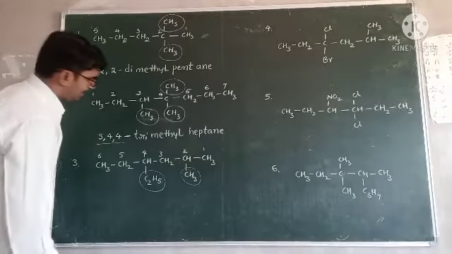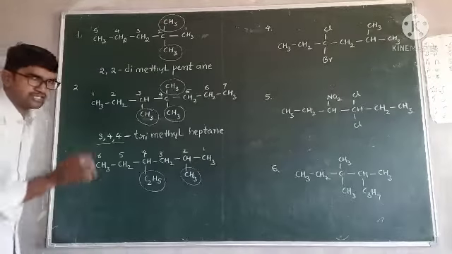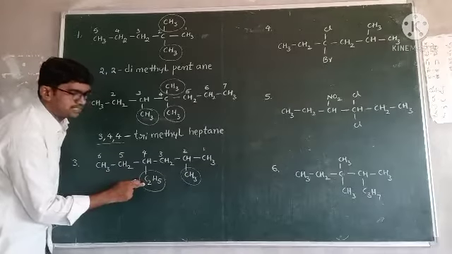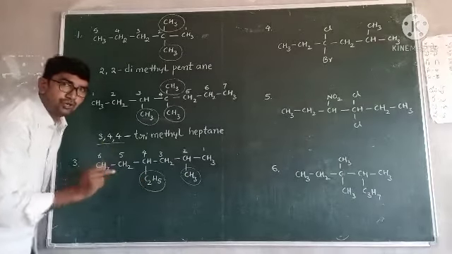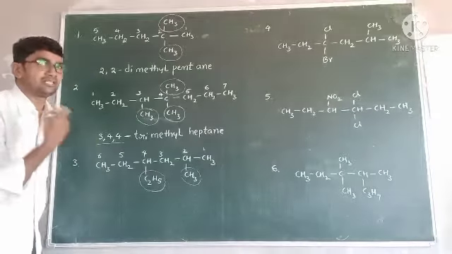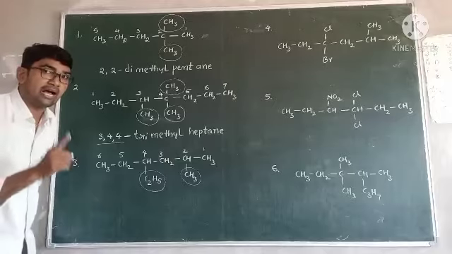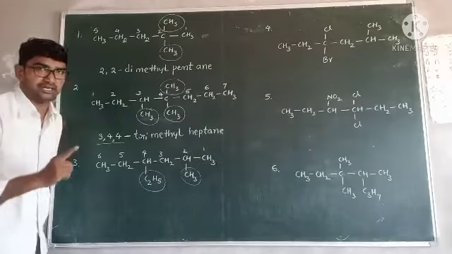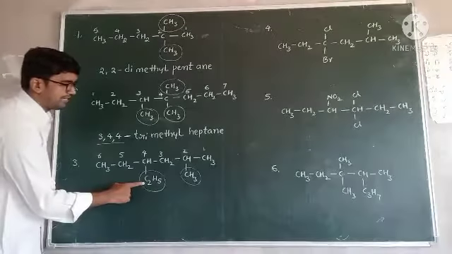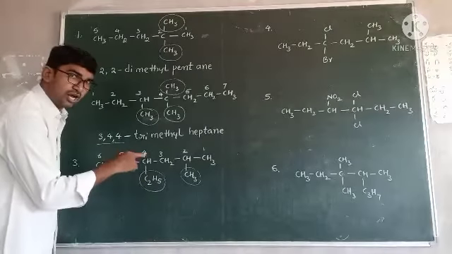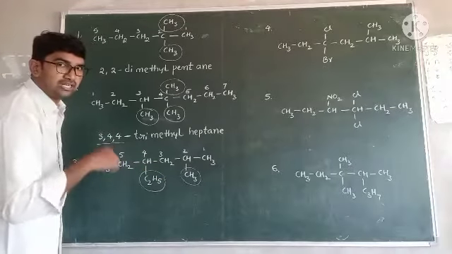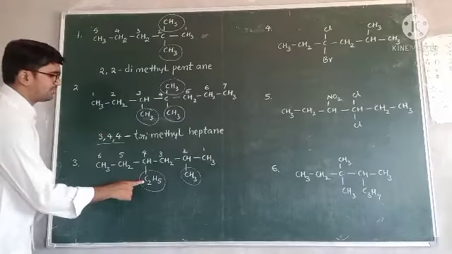How to write the name? First write the substitutions. One is methyl, the other is ethyl. If more than one substitution is present and the substitutions are different, then maintain alphabetical order. This one is ethyl, starting with E. This one is methyl, starting with M. So in alphabetical order, E comes first.